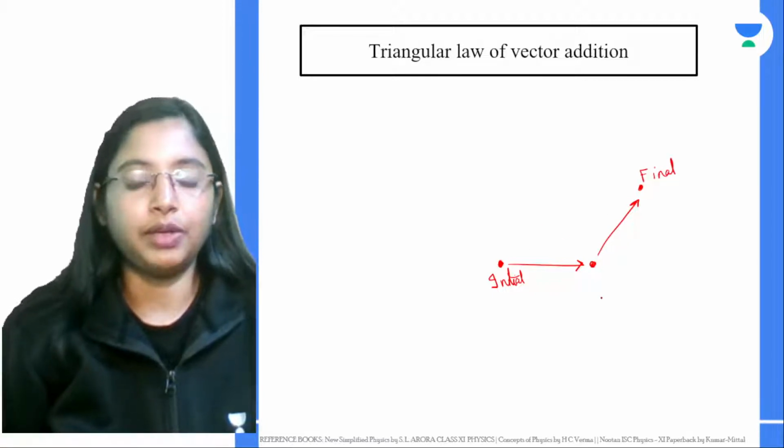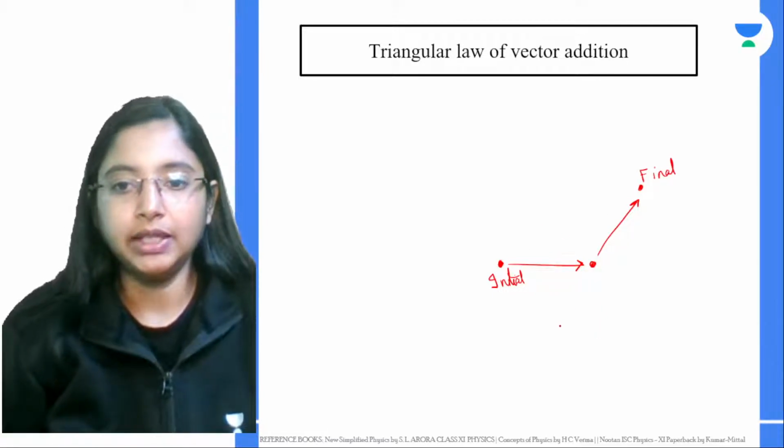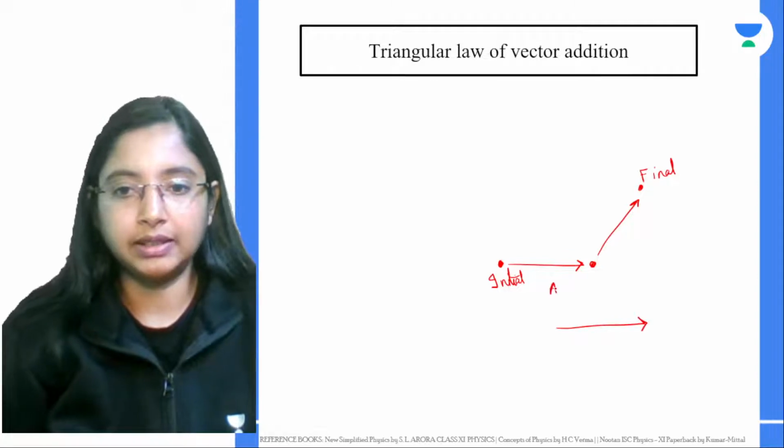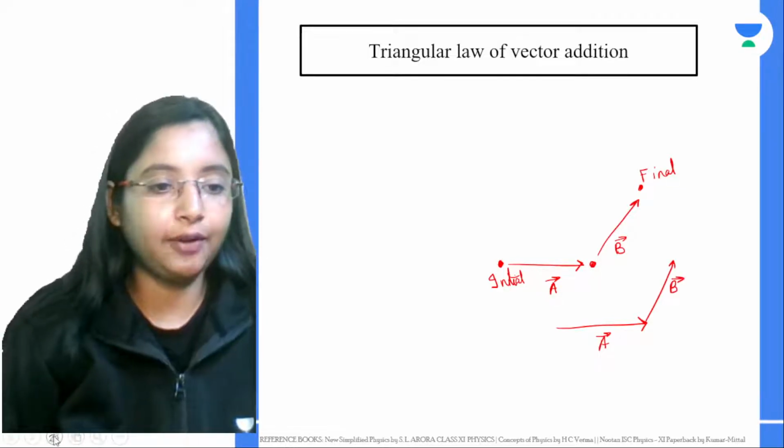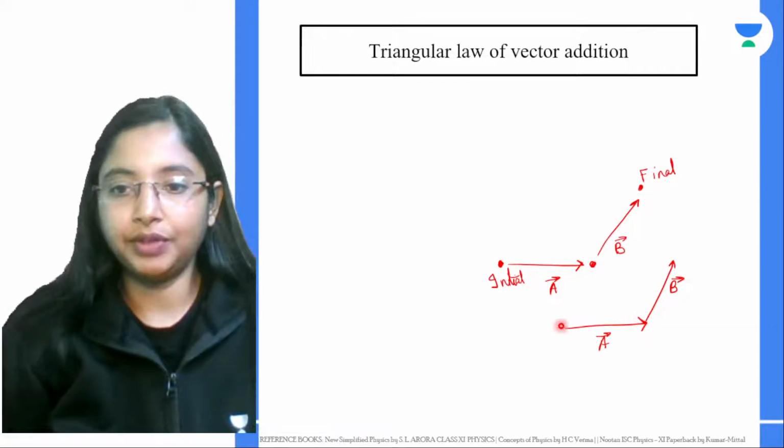Now if you want to find the triangular law of vectors, you take this vector, let's say this is vector A and this is vector B. What are we seeing in this case? The tail of this vector starts from the head of the other vector.